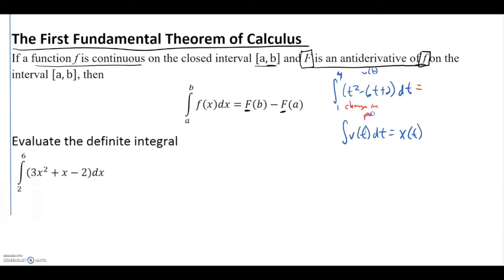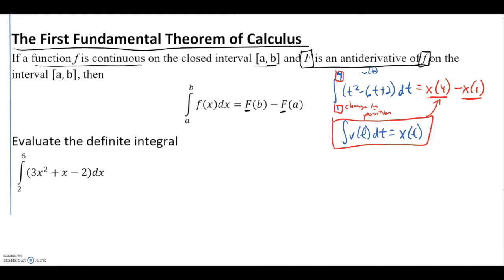This integral represents a change in position, and I could also get the change in position if I just did my position function at 4 minus my position function at 1, which is exactly what the first fundamental theorem of calculus states. The definite integral of any function on a closed interval will be the antiderivative at the end value minus the antiderivative at the beginning value. Final position minus initial position, in this case when dealing with velocity.